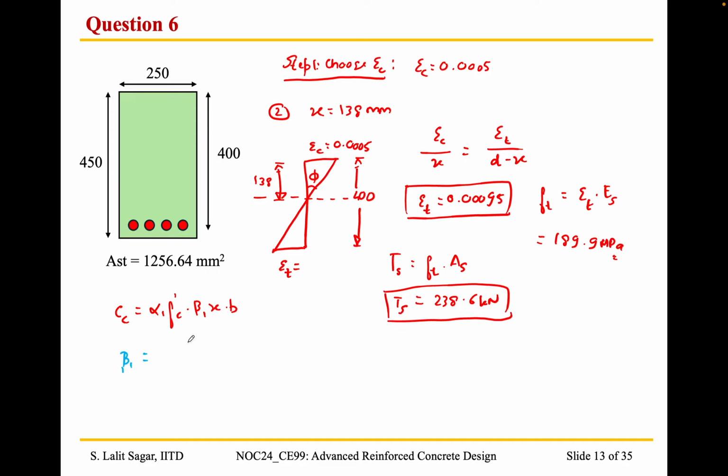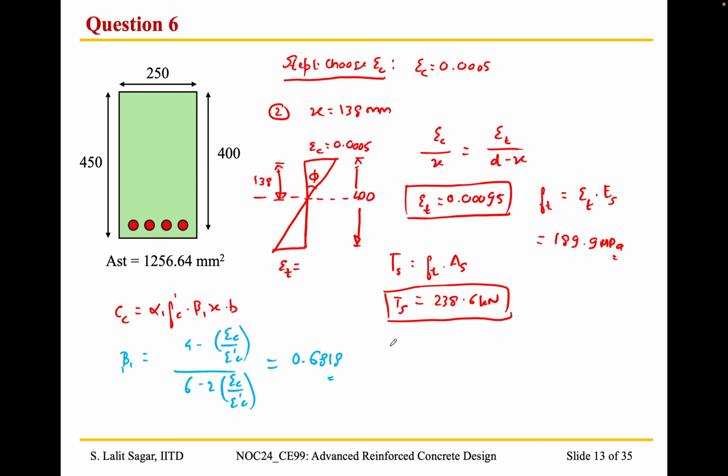Beta 1 is equal to (4 minus epsilon c by epsilon prime c) by (6 minus 2 times epsilon c by epsilon prime c). Okay, so you can check it later whether you are getting the same value. You get a value of 0.6818.